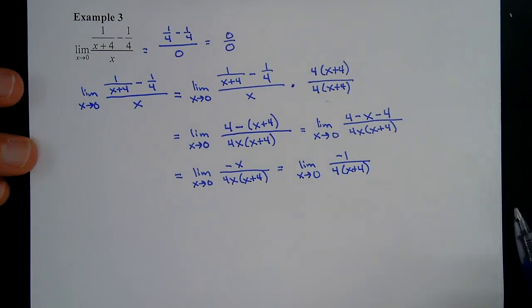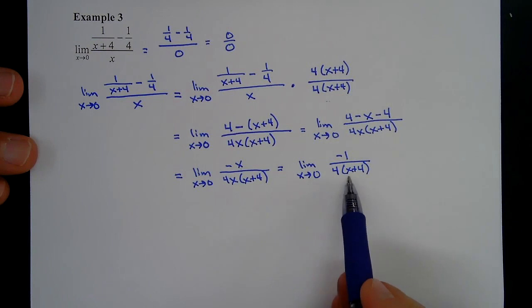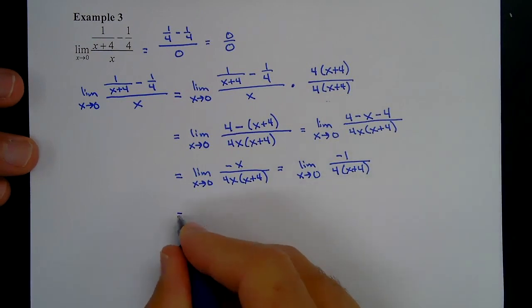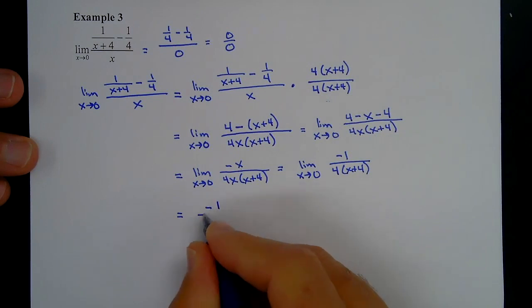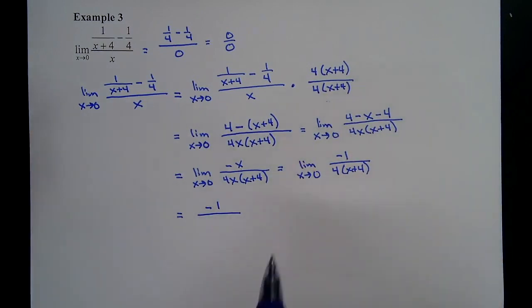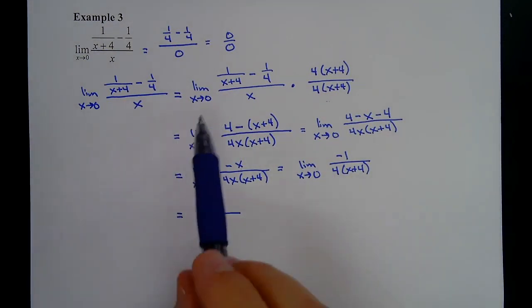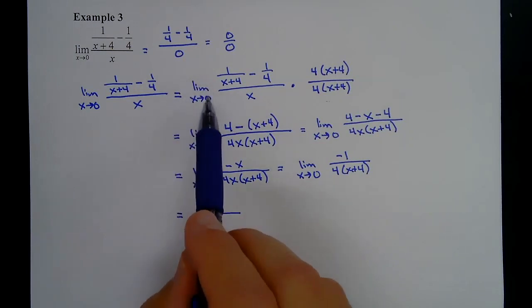And now what happens if we do direct substitution? Well, we're no longer going to get the 0 over 0, right? If we put 0 in here, this would be equal to negative 1 over, once again, I'm plugging the 0 in, so I'm not going to write the limit. I should be seeing this limit statement right here.